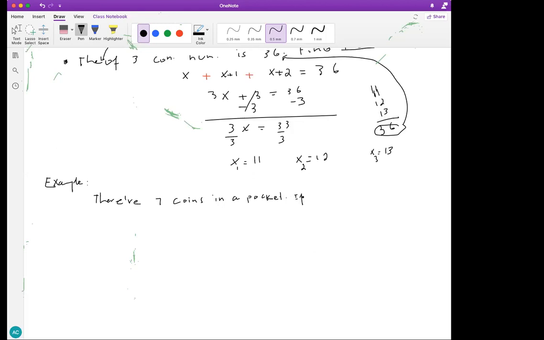If the total amount of these coins is, let me do a little bit of math here to make sure we have the right numbers.